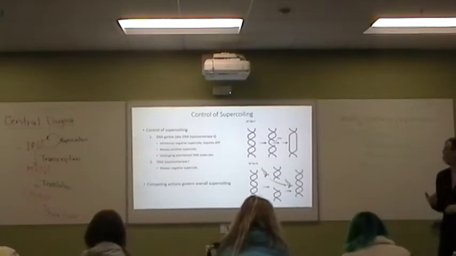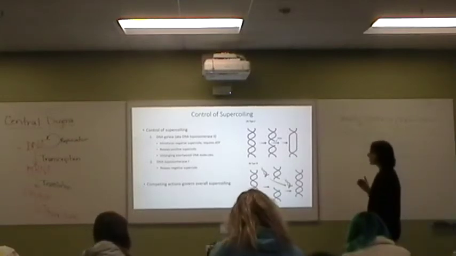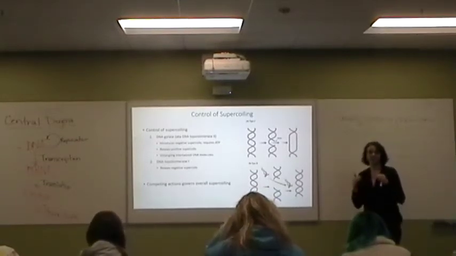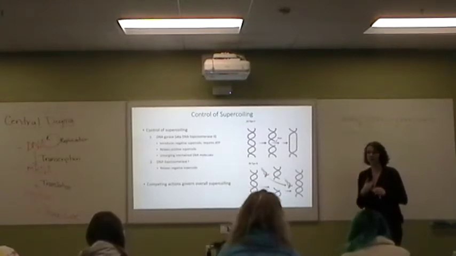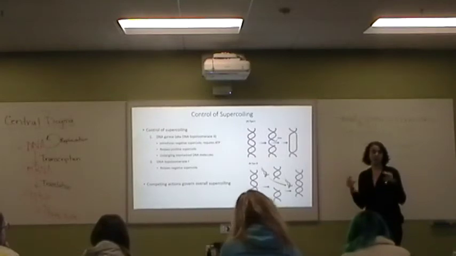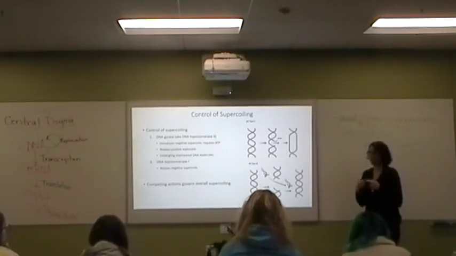That's kind of a tricky process. It's usually frowned upon to create double-stranded breaks in our DNA, because that opens up the possibility of error when we join them back together, or we don't join them back together.